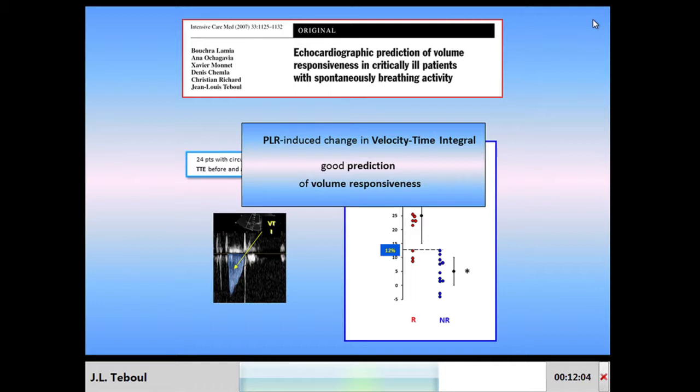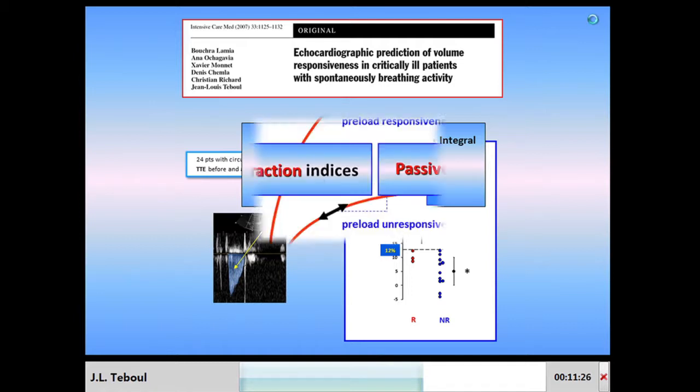This is a paper we did a long time ago, and we used echocardiography in patients with spontaneous breathing activity, and we looked at the changes in velocity time integral as a marker of stroke volume, and we found that patients who increased their velocity time integral during passive leg raising were fluid responders, and the opposite was true, with a good accuracy and a threshold value in this study of 12%. So it is possible to use PLR in these spontaneous breathing activity conditions.